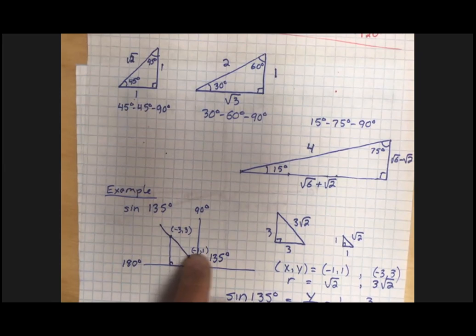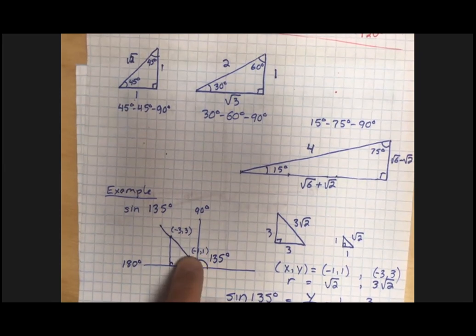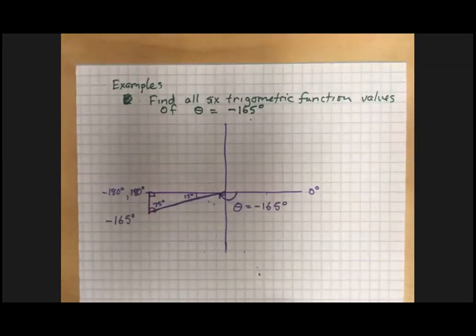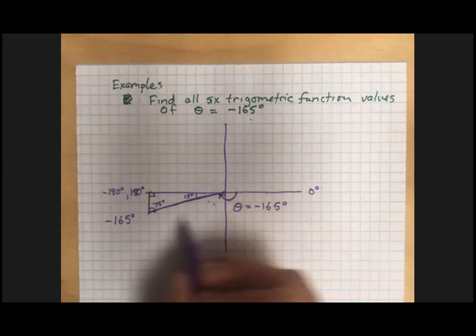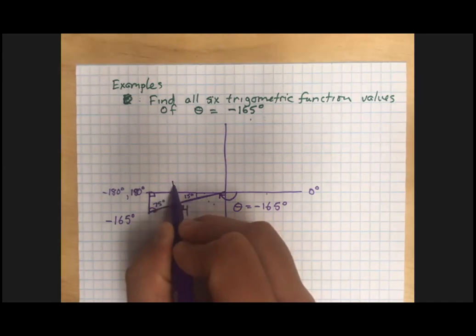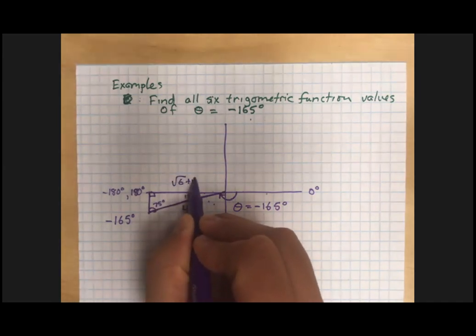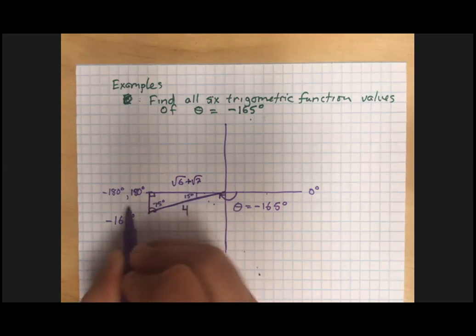The minus 1, 1 is a point that went backwards 1, up 1. So I can use the famous ratio of 4 root 6 plus root 2 for the long side. Plus will give me the long side. Minus will give me the short side.